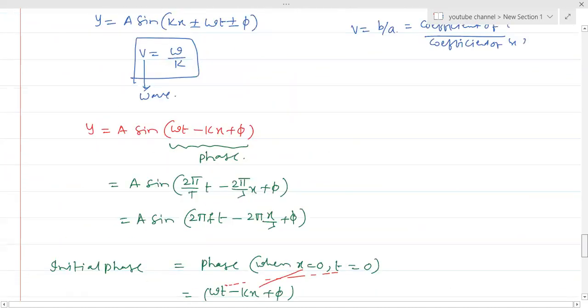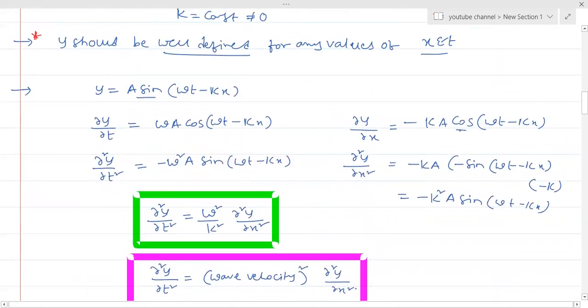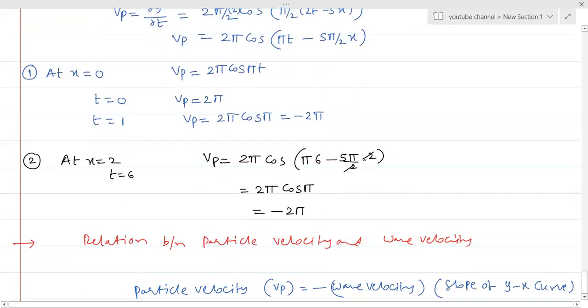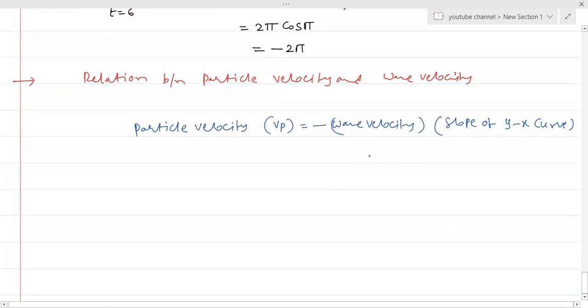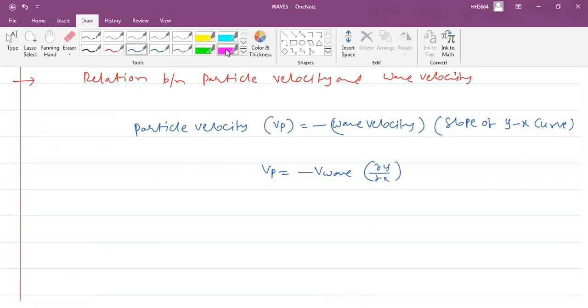So already we have proved this in the earlier discussion. So just now here we are having dou y by dou t and as well as dou y by dou x. If we divide those two, we will get in terms of minus omega by k. So that is nothing but the wave velocity. So this is very important. Or simply we will write it as Vp equal to minus velocity of the wave into dou y by dou x.